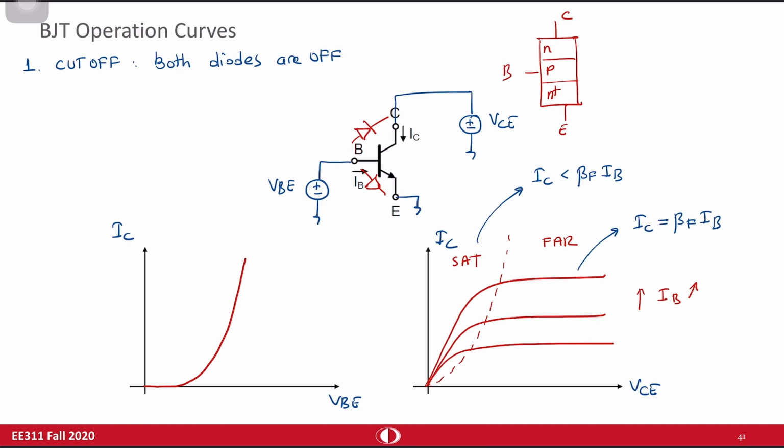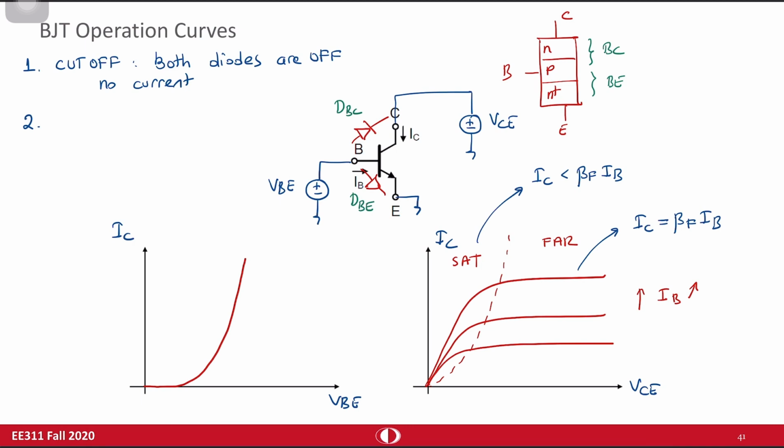Here you have base emitter junction, and here you have base collector junction. So base collector diode is this one, base emitter junction is this one. For cutoff, you bias collector, base, and emitter such that none of these diodes are on. Therefore, no current passes. IC, IB, IE, all of them are at 0.